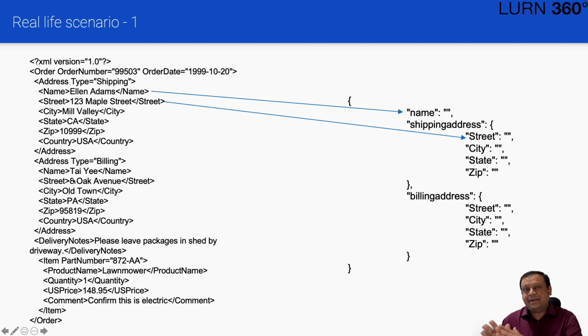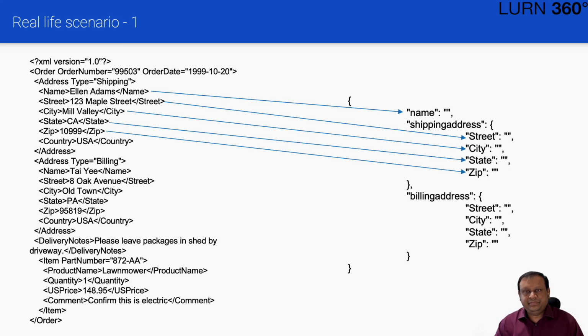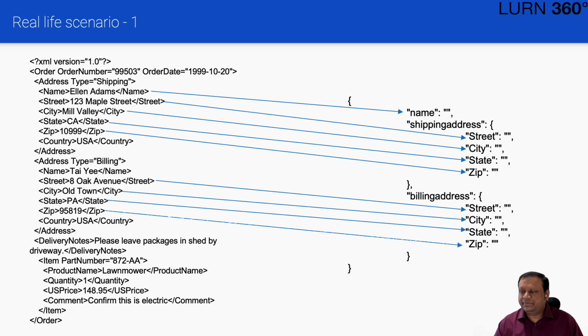So we just have to map them with the condition that when the address node has type equal to shipping, the name, street, city, state, and zip will be mapped. For the billing address, the exact same condition applies: where type is equal to billing, map the street, city, state, and zip from that address block. This is going to be the new mapping.